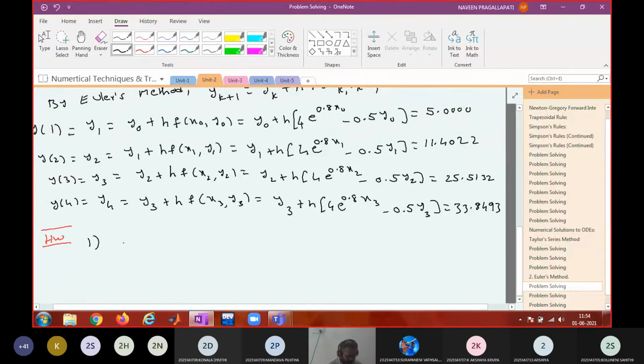First one, dy by dx equal to log of x plus 1 with y of 0 equal to 2, h equal to 0.2. Find y of 0.8 with h equal to 0.2.